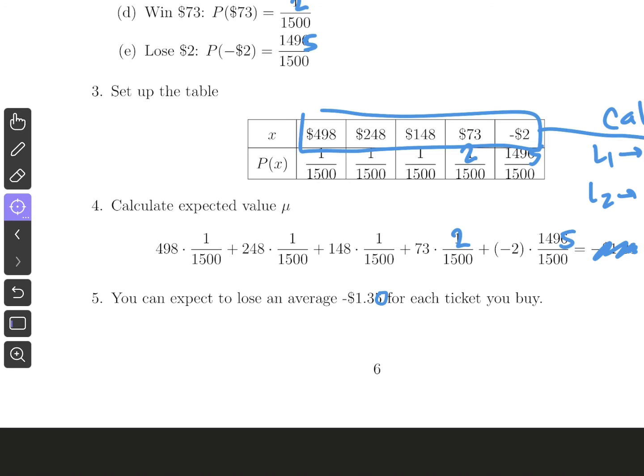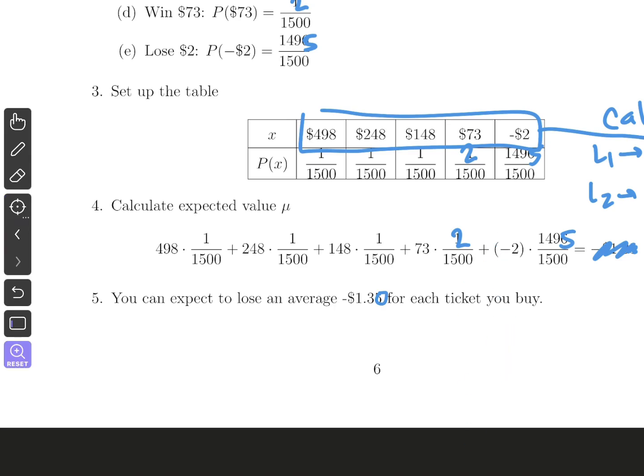And in this case, if you ever play and you actually win the $500, statistically it means you should not play again, because then your overall outcome is probably going to be a couple hundred dollars, depending on how often you played. But this is if you were to play over and over again. That's what you would expect to win.